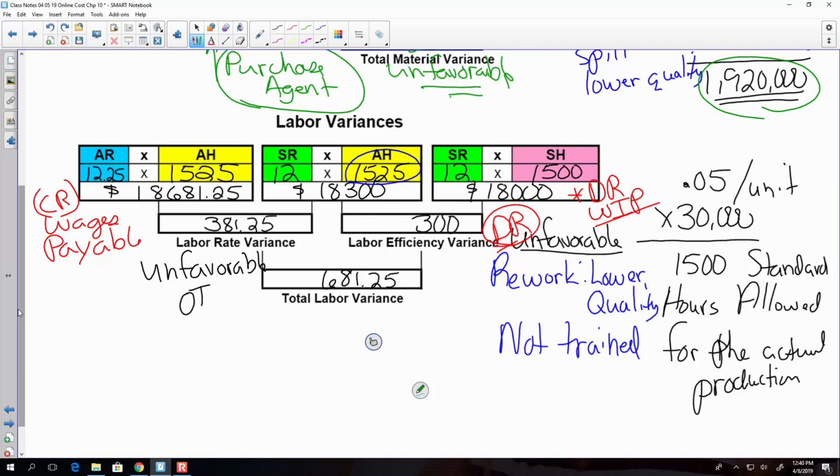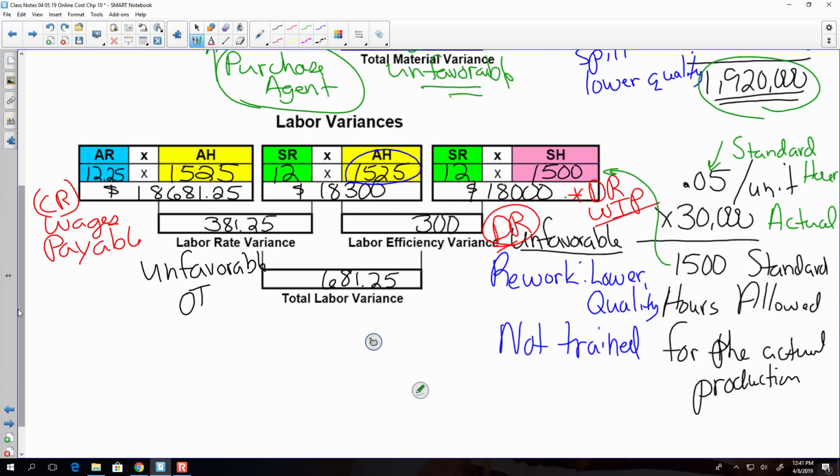Here again, I'm taking my 30,000 actual production and multiplying it by the standard hours allowed per half gallon, right? So now we're dealing with hours instead of ounces because we're in the labor section. And we came up with 1,500 hours as the allowed hours.